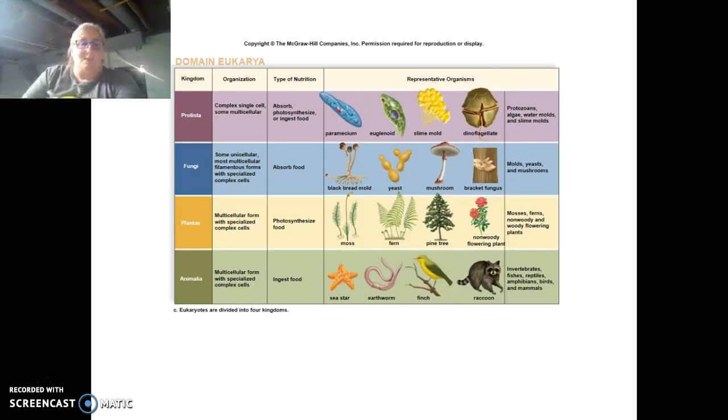The group Protista is constantly changing because they're either adding or taking away from that group. In general, protists are always going to be single-celled. They typically take in food, so they have to take food into their body. They are not, in general, photosynthesizers.